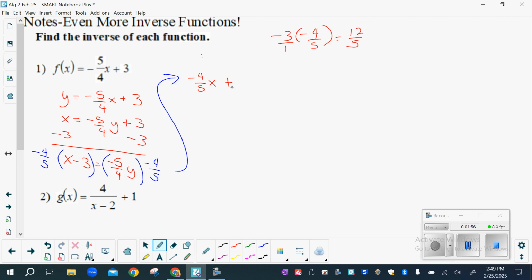So it's plus 12 over 5 equals, the negative 5/4 and the negative 4/5 cancel, right? Negative 5 cancels with the 5 and negative 4 cancels with the 4. And that's why we multiplied it by the reciprocal. So that's equal to y. So we want to use our inverse notation. F inverse of x is negative 4/5 x plus 12 over 5.